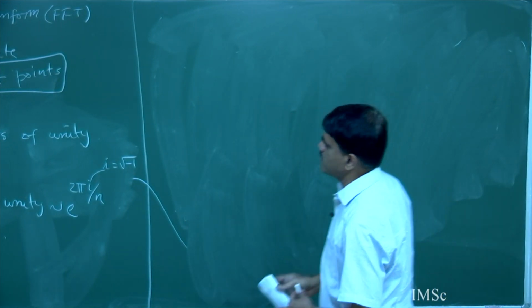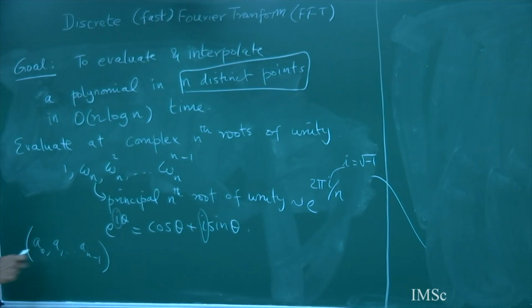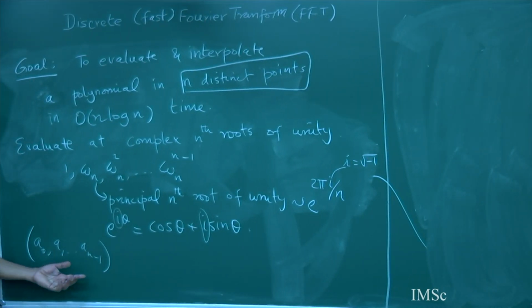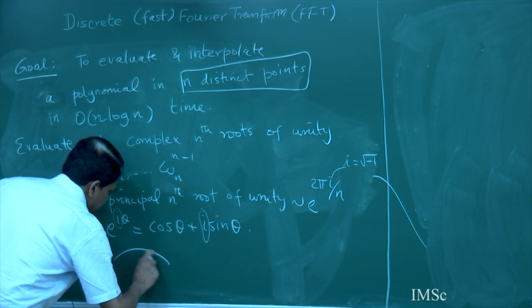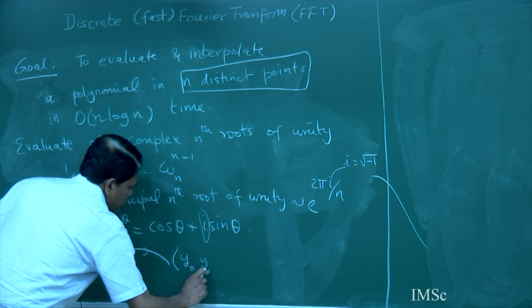So what is the discrete Fourier transform? You can think of it as given a0, a1, up to an minus 1, this is our polynomial represented by these coefficients, and we are transforming this to y0, y1, and so on.